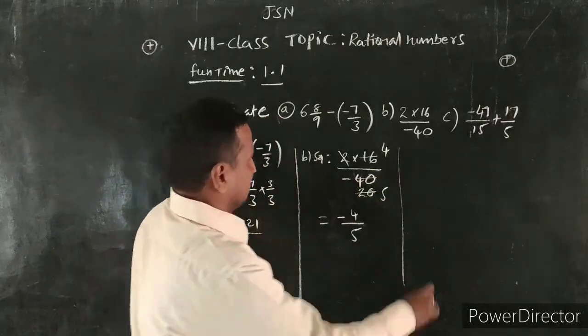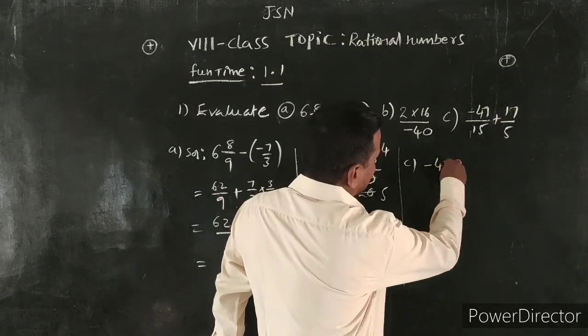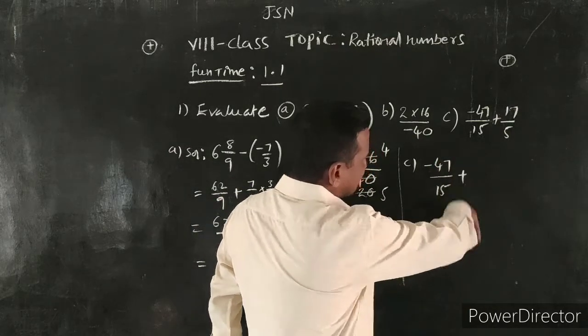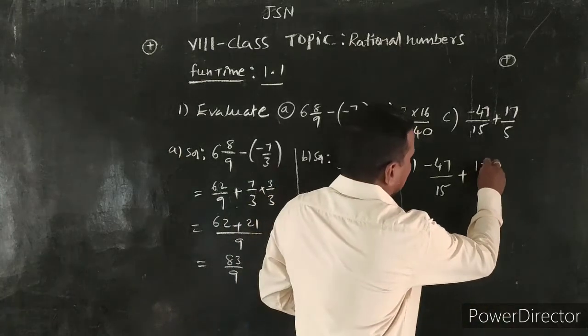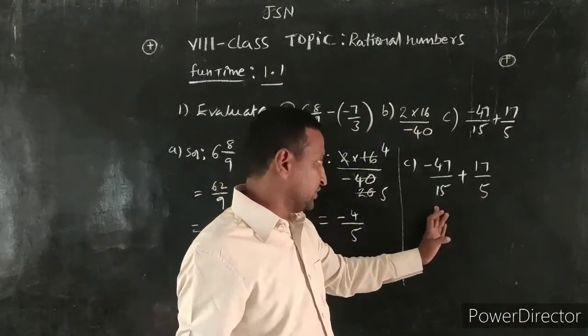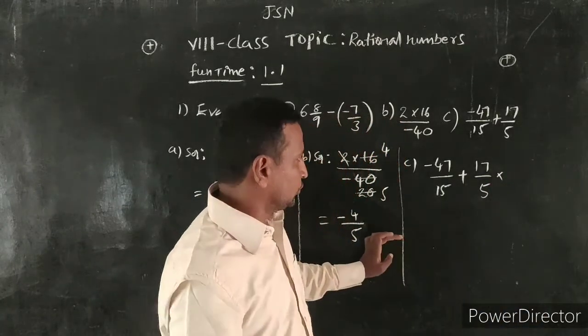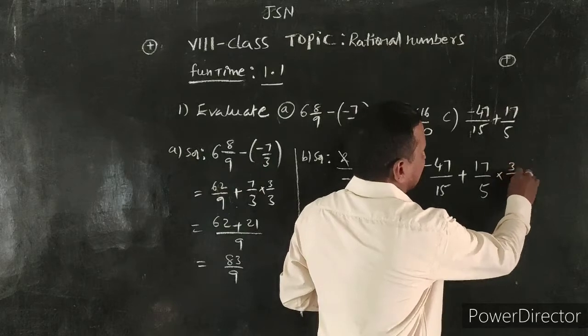C, minus 47 by 15 plus 17 by 5. The LCM of 5 and 15 is 15. So multiply the second fraction's numerator and denominator by 3.